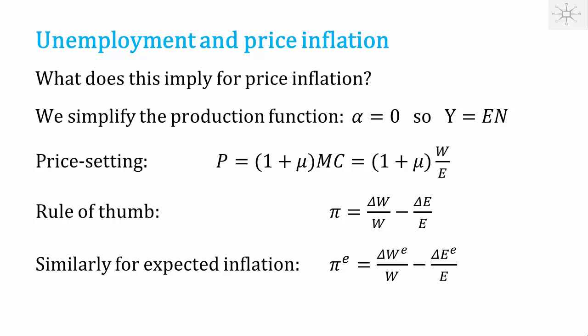It's reasonable to think that if people expect some wage increase and some productivity increase, then for consistency, they expect the inflation to be that wage increase minus the expected productivity increase. So it is rational that people have expectations which are consistent with how inflation is actually determined.